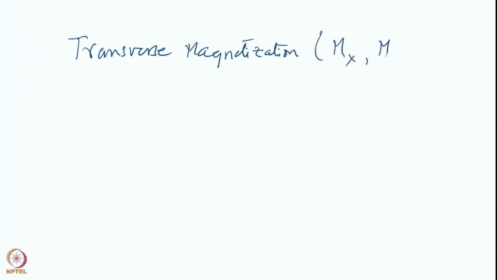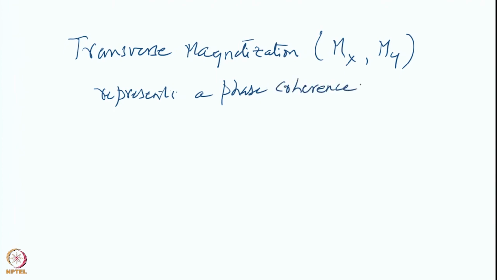Transverse magnetization, which we may represent as mx or my, represents a phase coherence among the spins.